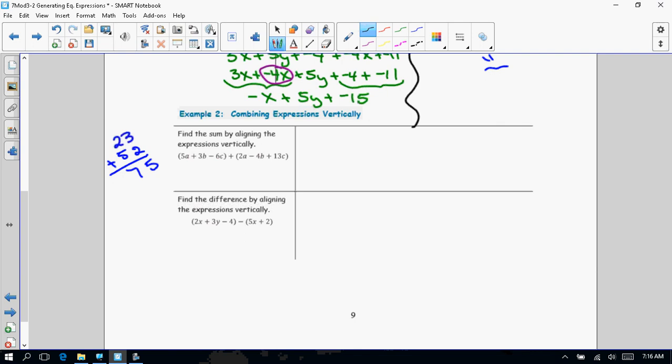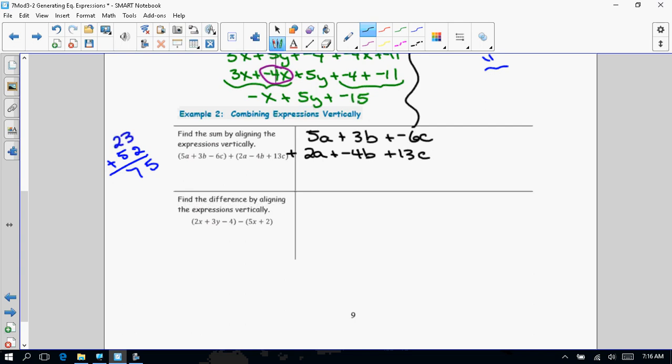So we're going to start with the first one. We have 5a plus 3b. I am going to change this to plus negative 6c. Okay, I'm going to rewrite that, SMATO that, and then I'm going to add, and then I have 2a, goes right underneath the 5a because they both have the same variable, plus negative 4b, because of course I'm adding, so I'm just going to SMATO this, and then plus 13c.